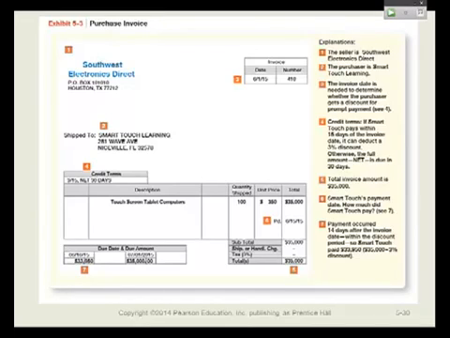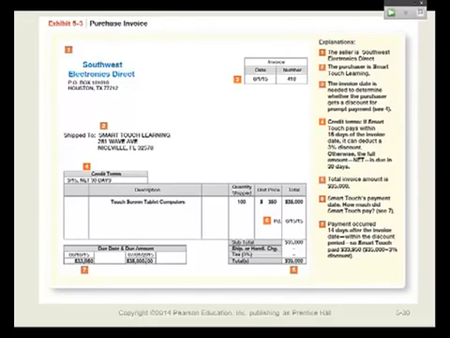Now, the invoice was paid on the 15th, which means that they did get their discount. In fact, you could see here that the amount that they paid was only $33,000, so it was net of the discount. They paid within the discount period. Okay?